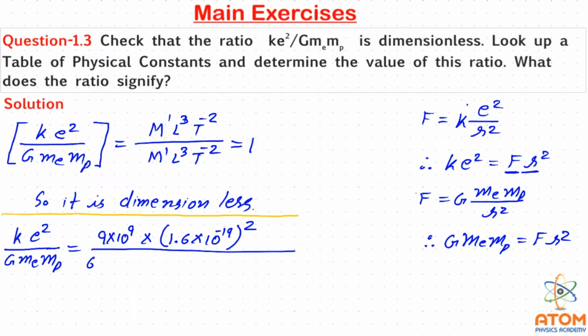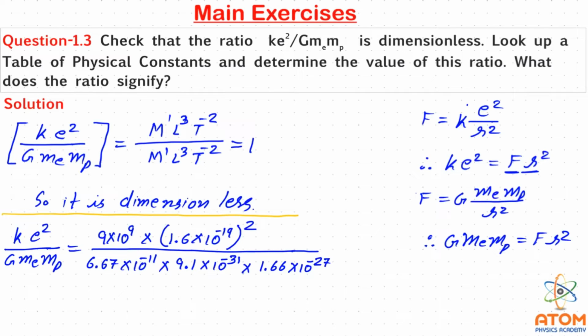Divide by G, G is 6.67 into 10 raised to minus 11, into mass of electron, that is 9.1 into 10 raised to minus 31, multiplied by mass of proton, that is 1.66 into 10 raised to minus 27.